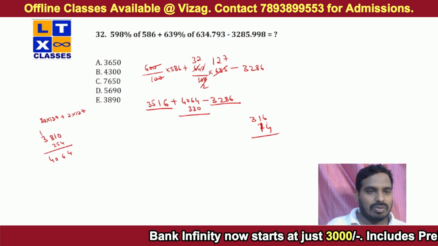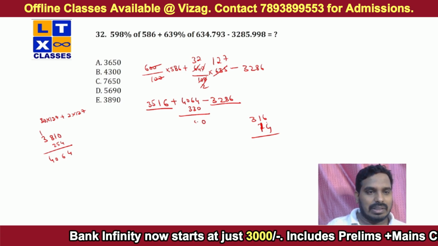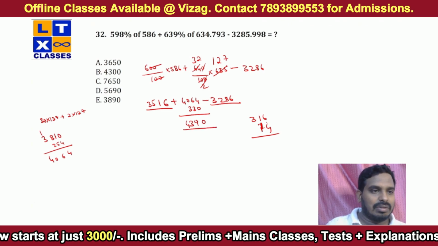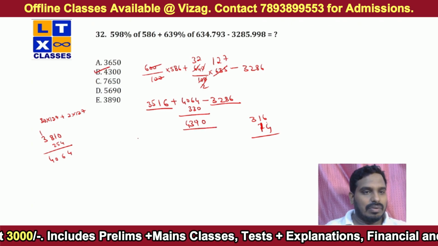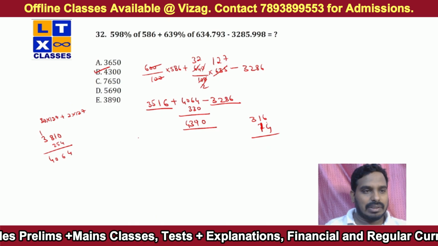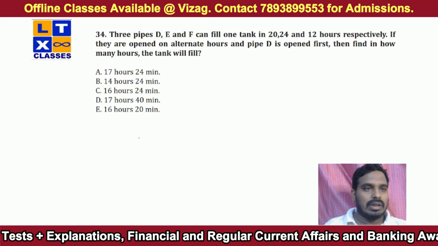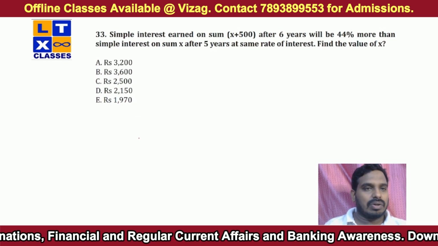Adding 330 to 4064, this will be 4394, which is equal to 4300. Moving on to the next question.